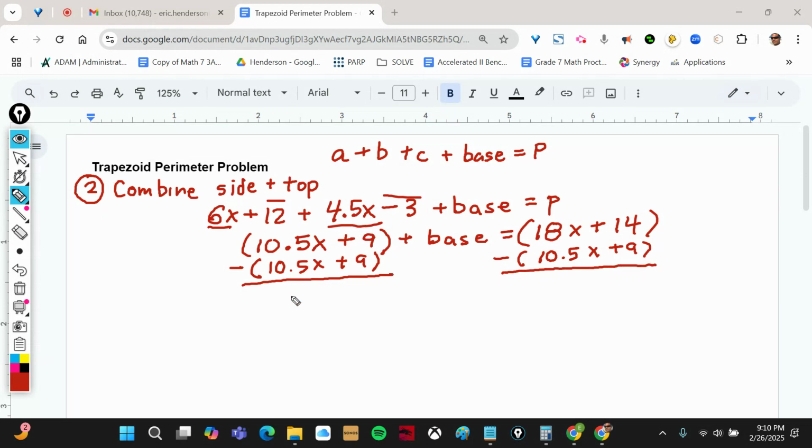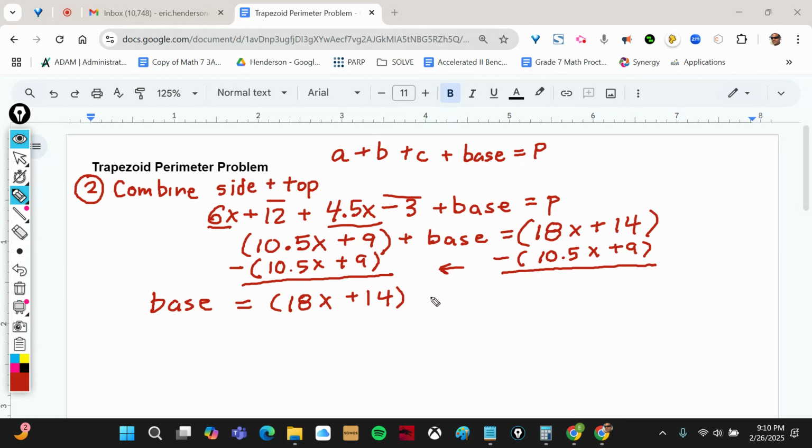Okay, and then this would cancel, and that leaves us with, I'm gonna move it over here, base. Okay, I'm gonna move it that way. Base equals 18x plus 14.